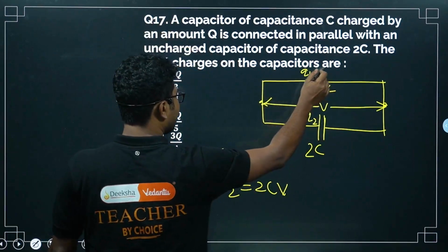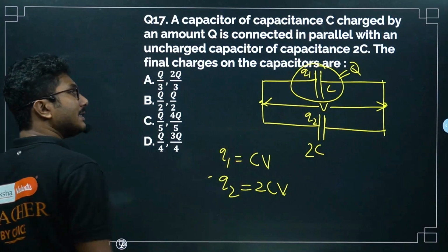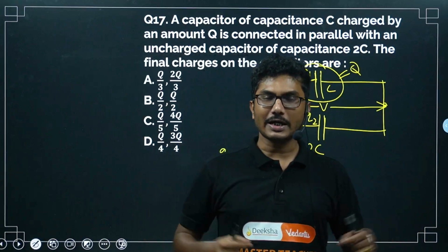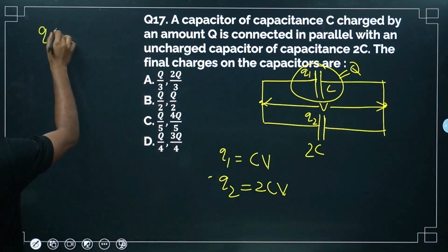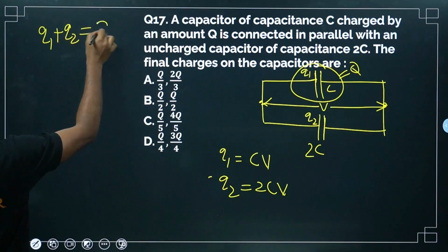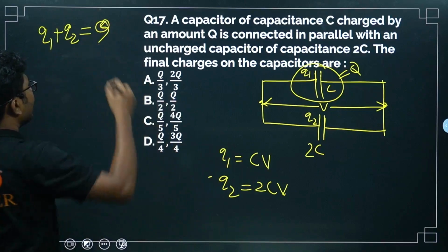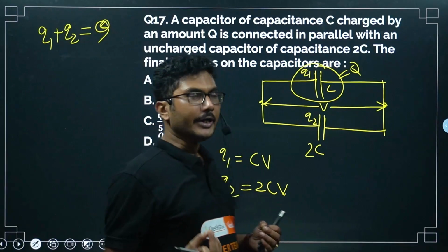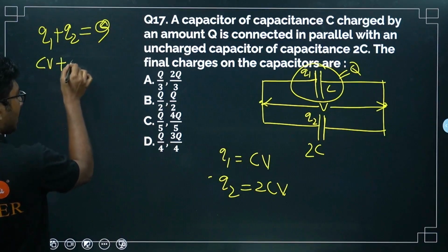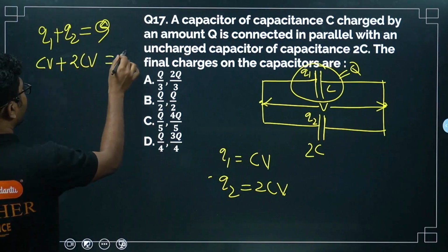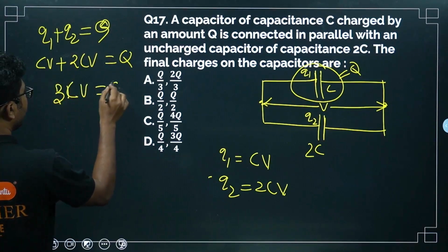Initially only one capacitor was charged, so the total charge was Q. That charge is only redistributed because we are not connecting any external battery. So Q1 plus Q2 equals the initial charge of the system, that is Q. Putting the values, CV plus 2CV equals Q, so 3CV equals Q.